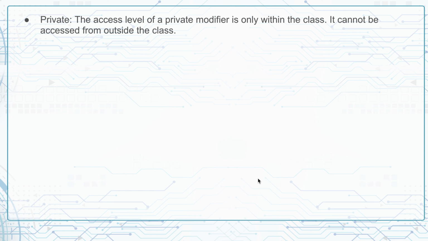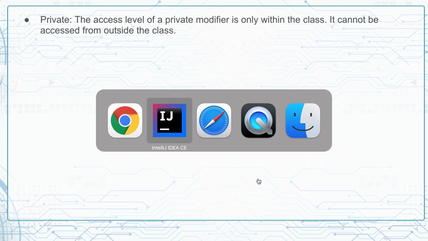So what is the private access modifier? The access level of a private member is only within the class. It cannot be accessed from outside the class. So once you give any attribute a private access modifier, it's only gonna be visible inside the same class, not in the subclasses, not in other classes in the same package, and not in classes from other packages.